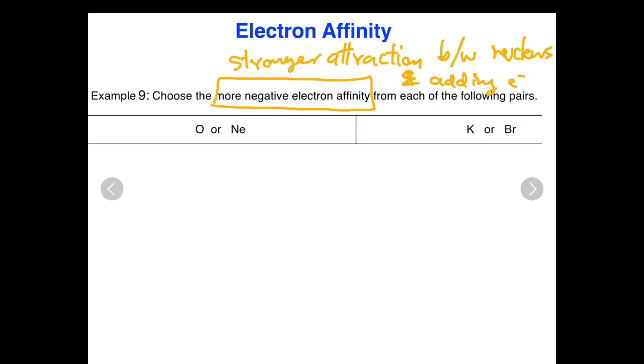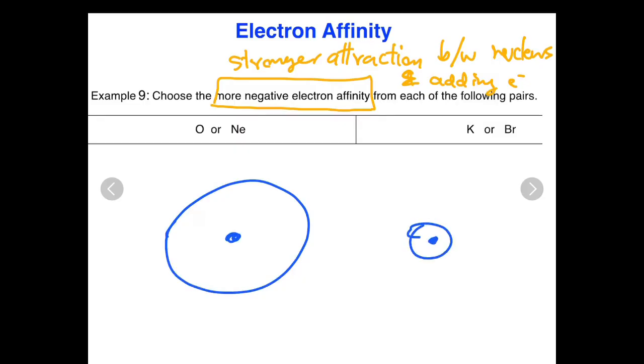Okay, so we already see that with a big atom versus a small atom, if you want to add more electrons to it, the interaction between the nucleus and the electron is going to be weaker than in the smaller atom.